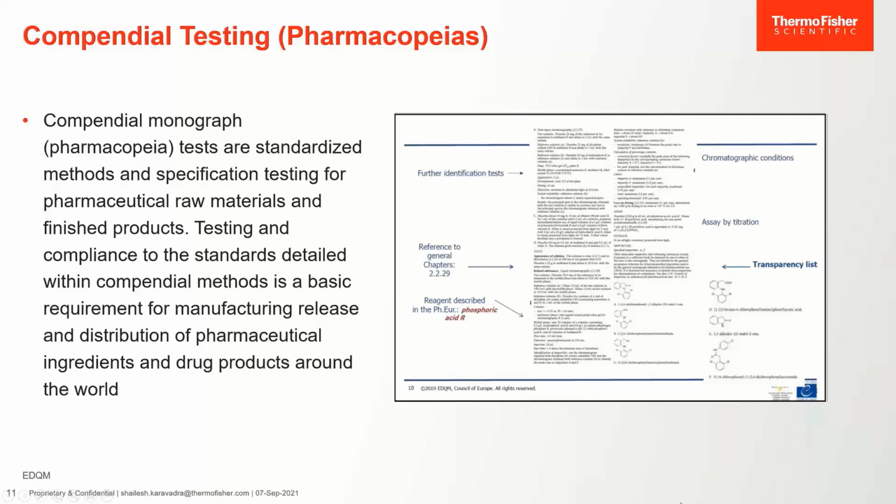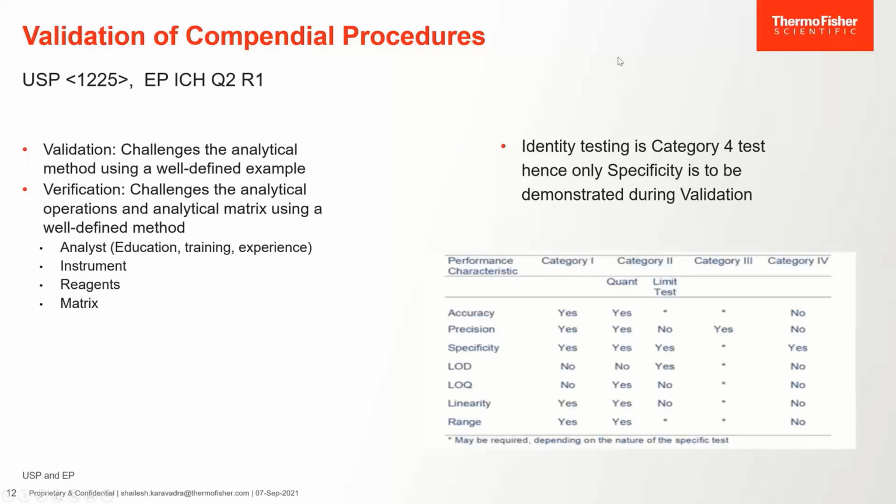As we understand, compendial tests are performed to determine if the material specifications are met or to address anticipated regulatory concerns. This test series can also be applied to determine general product compatibility or for routine quality control. Now, validation of compendial procedures. USP chapter 1225 and the ICH Q2(R1) guideline clearly define the validation of the method.